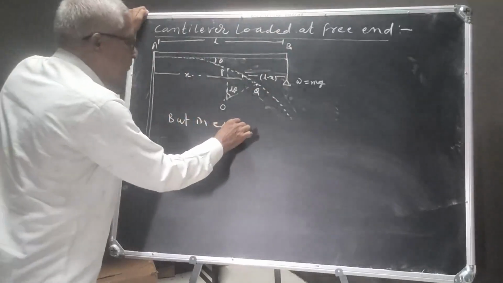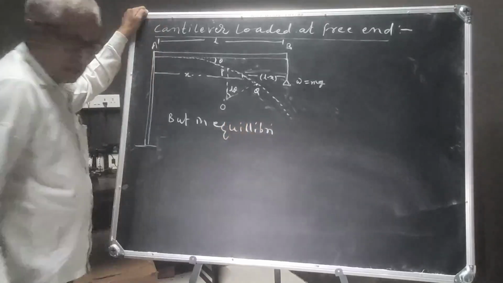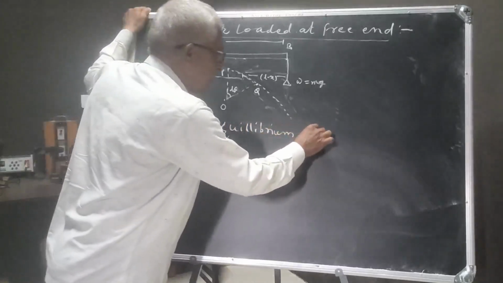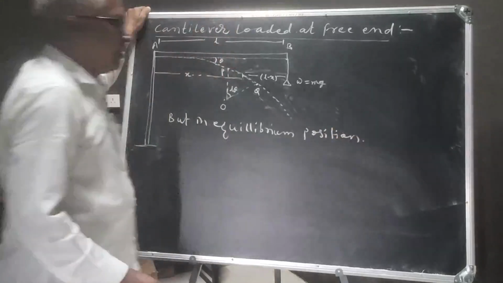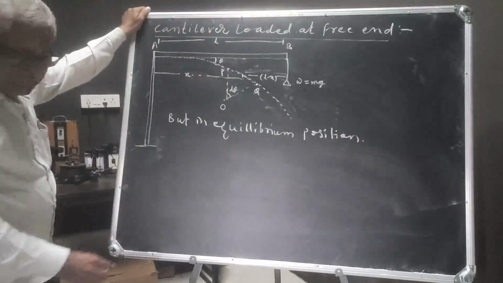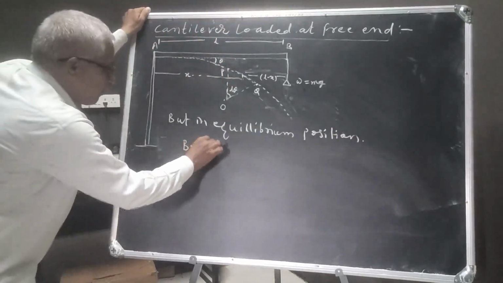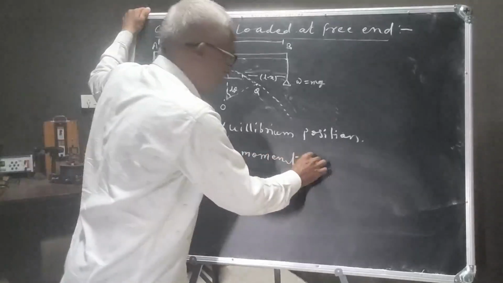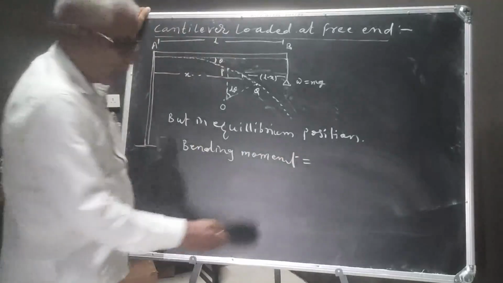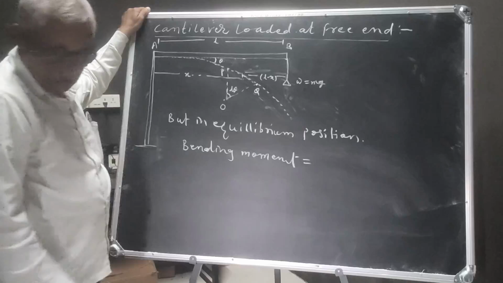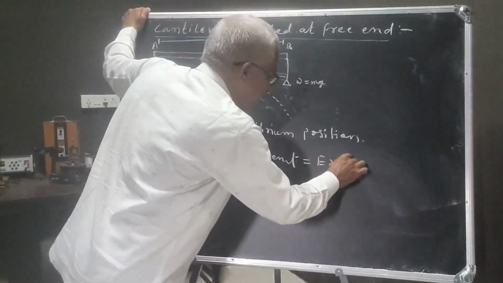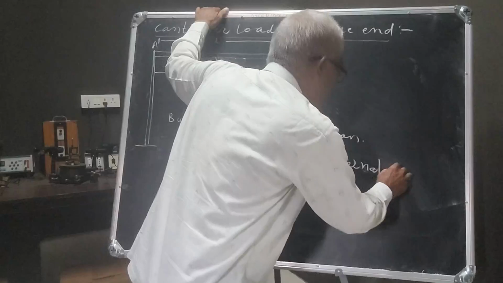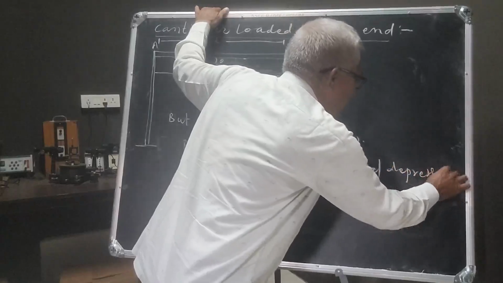In equilibrium position, the bending moment is equal to the external depression moment.